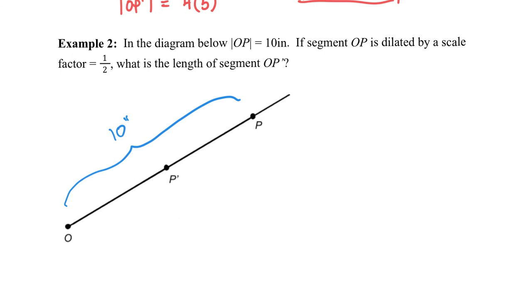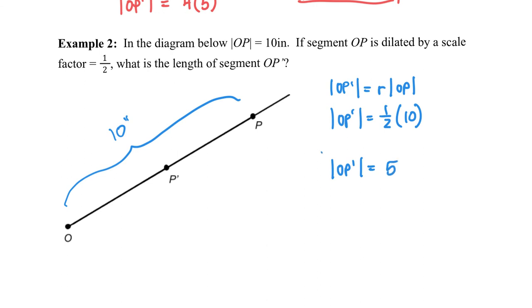So we have an actual reduction here. But the same thing applies. So if I want to know the length of OP prime, I'm going to take the length of my original segment, OP, and I'm going to multiply it by my scale factor. So the length of OP prime, in this case, would be 1/2 times the length of OP, which is 10. And so, very simply, the length of OP prime would just be 5.